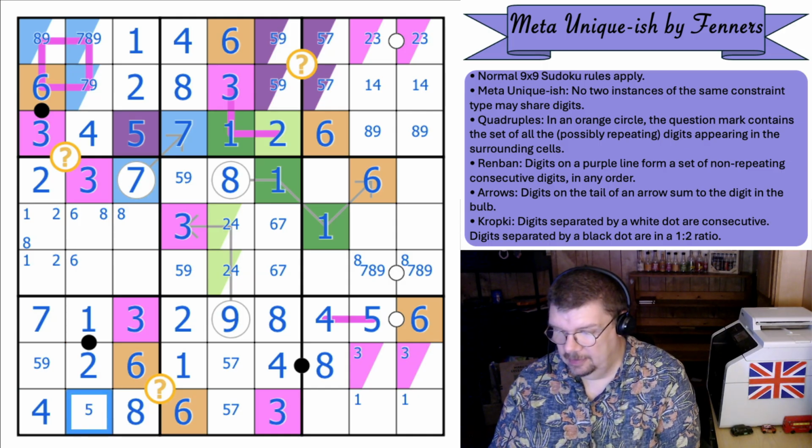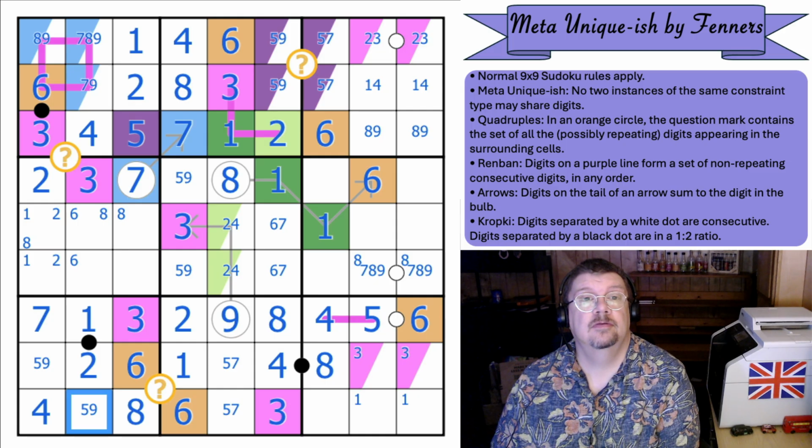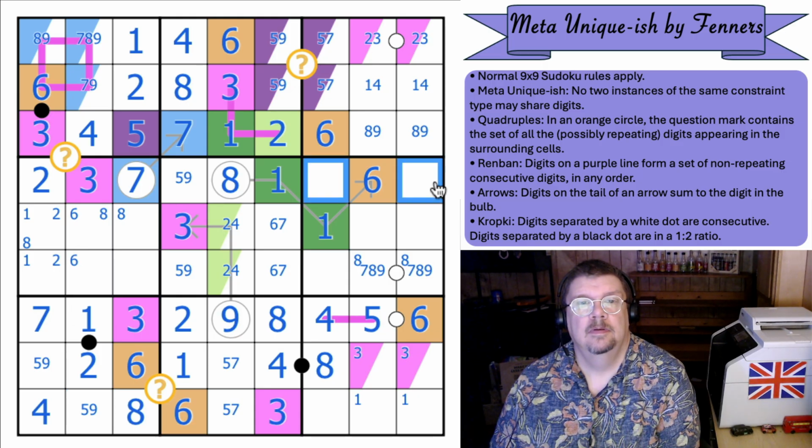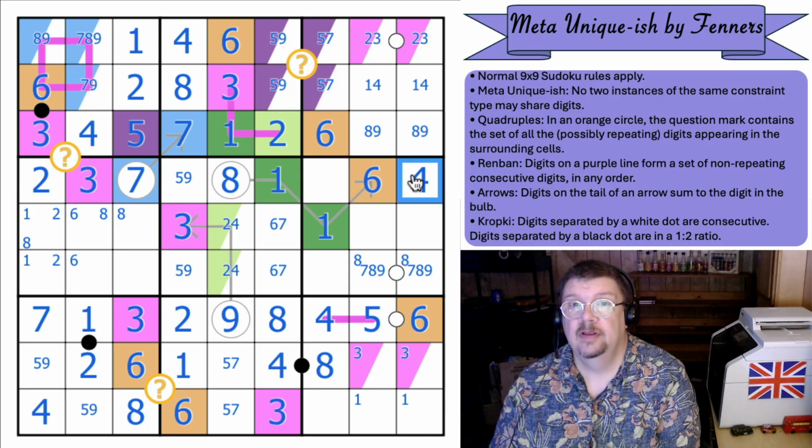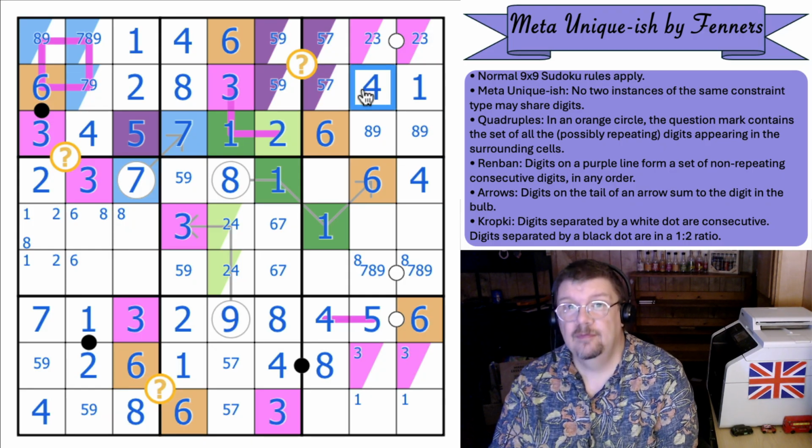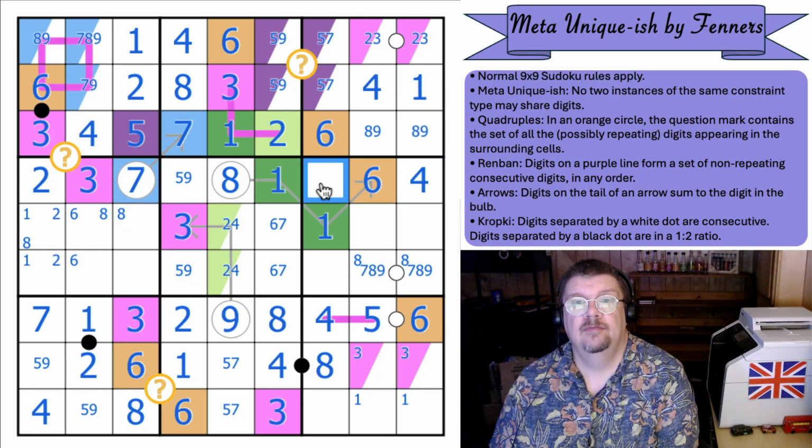So that is 5 or 9 for the box. These are 5, 9, and 4. That's not a 4. So that's a 4, making that 1 and that 4. And that is 5 or 9, but the 5 pointing down here makes it a 9.